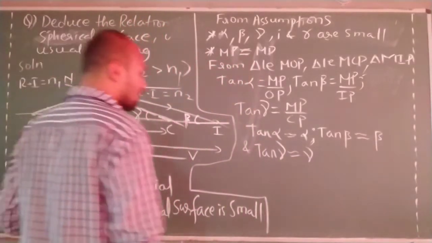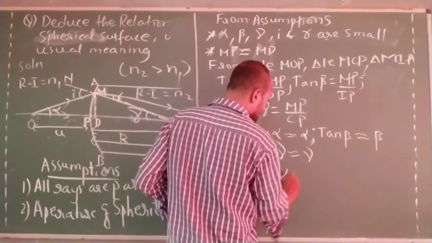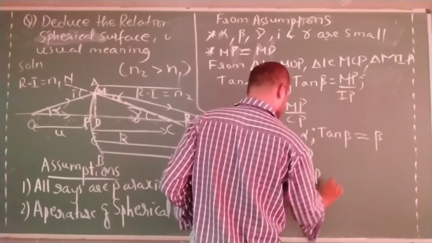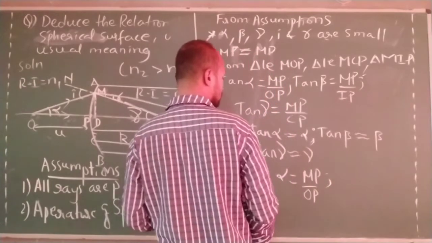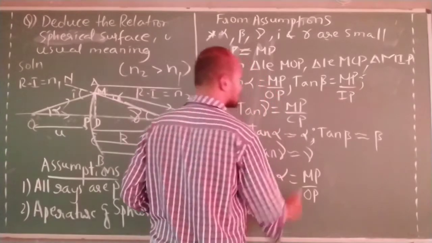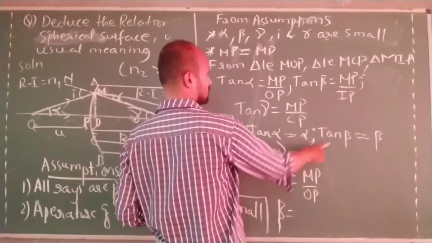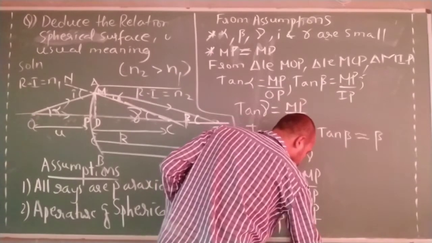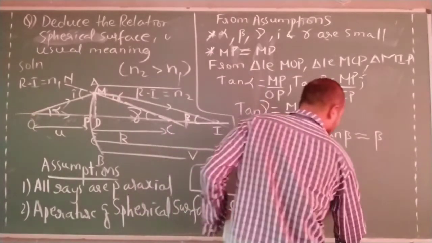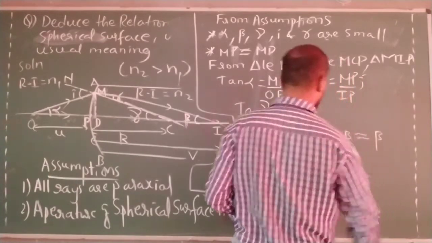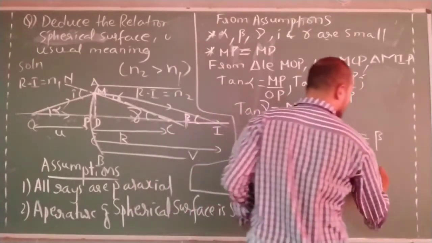So alpha is equal to MP by OP, beta is equal to MP by IP, and gamma is equal to MP by CP.